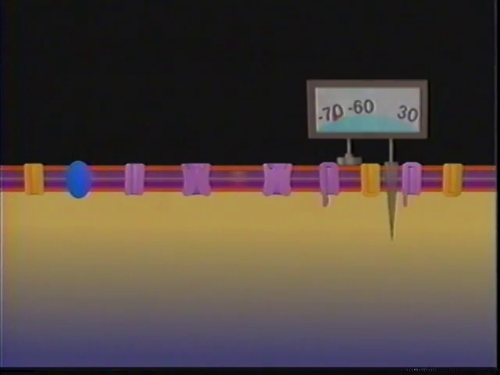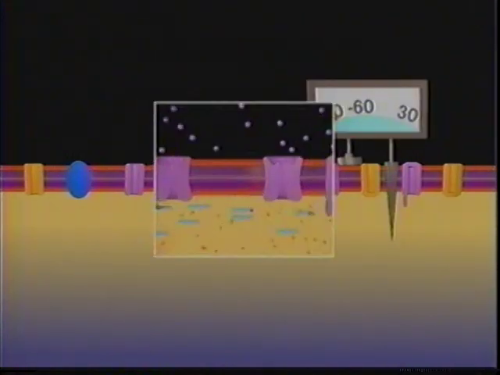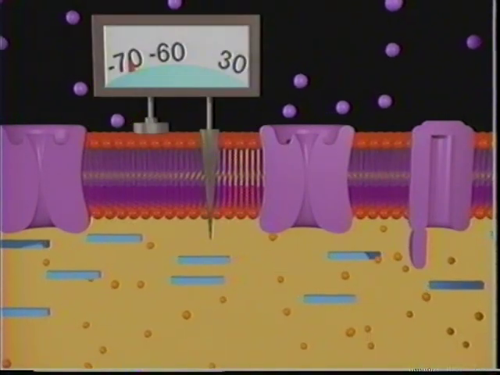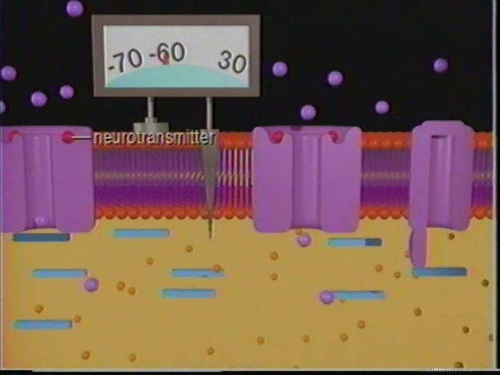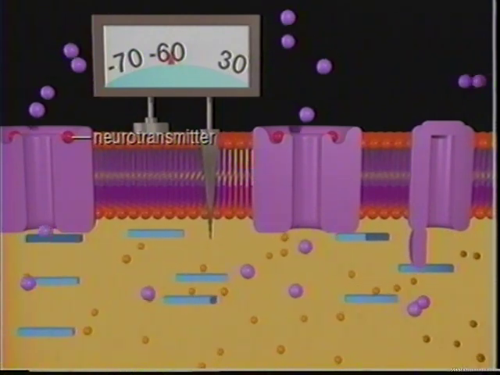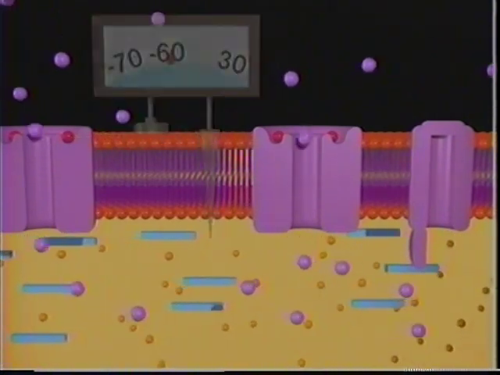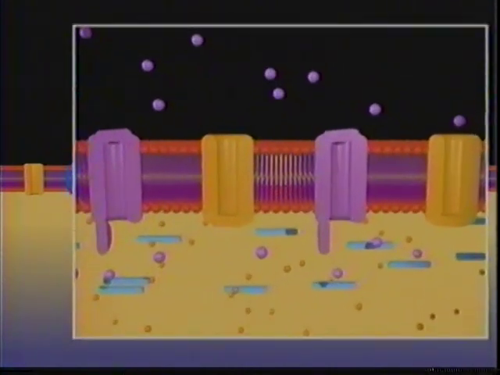Prior to an action potential, the neuron is at rest with a membrane potential of -70 millivolts. Now, if a stimulus depolarizes the cell to threshold, which is about -60 to -55 millivolts, voltage-regulated sodium channels in the membrane open.